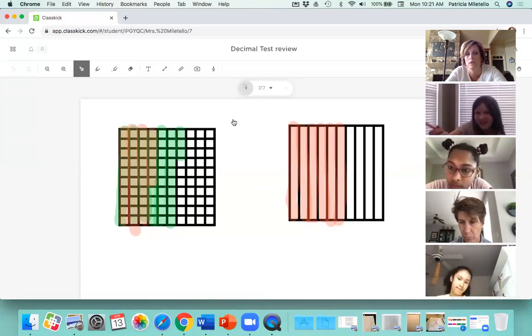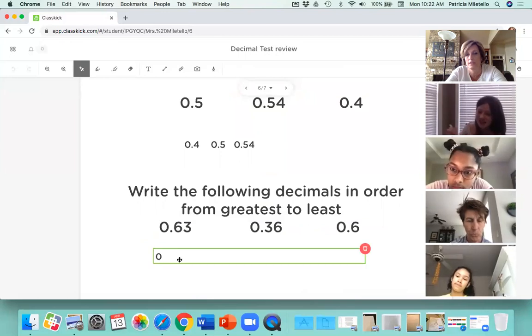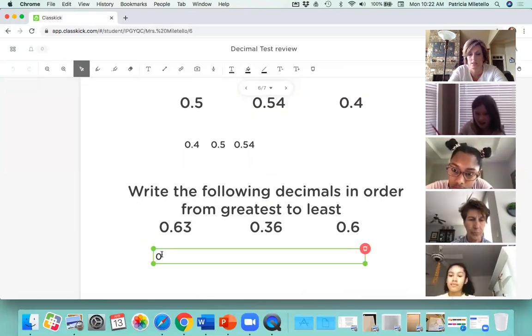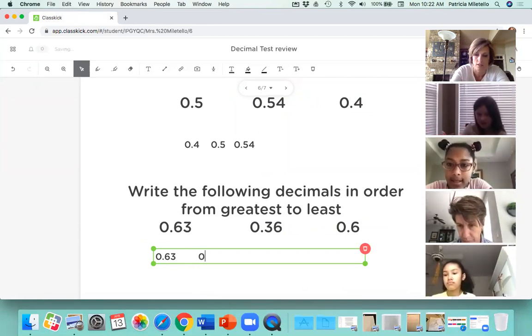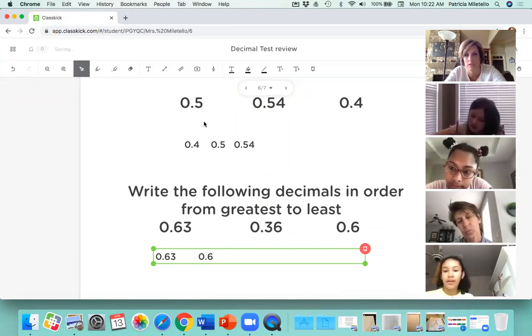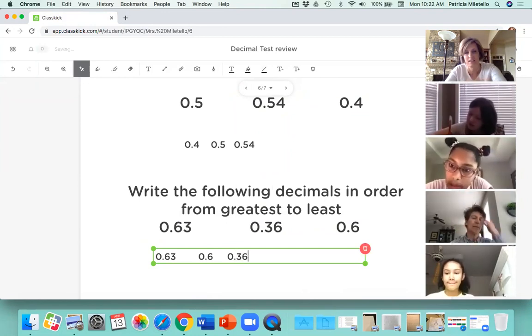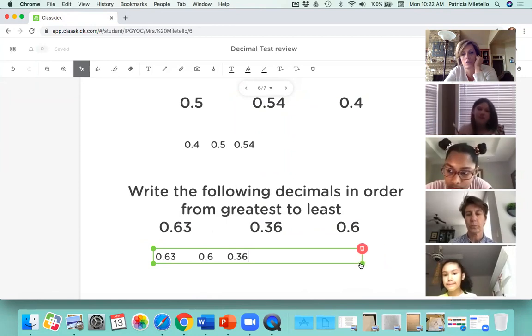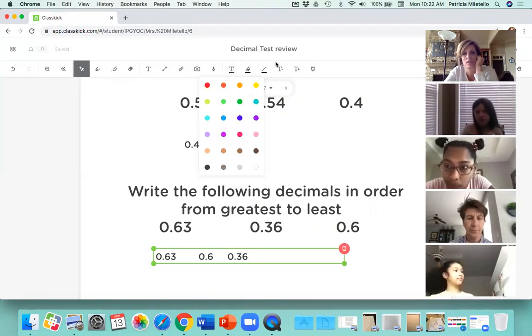The green was for this decimal right here, 63/100ths. What comes next, Adeline? 0.6. You got it. And then Gabby, what's the smallest one in that list? 0.36. Yeah, exactly.